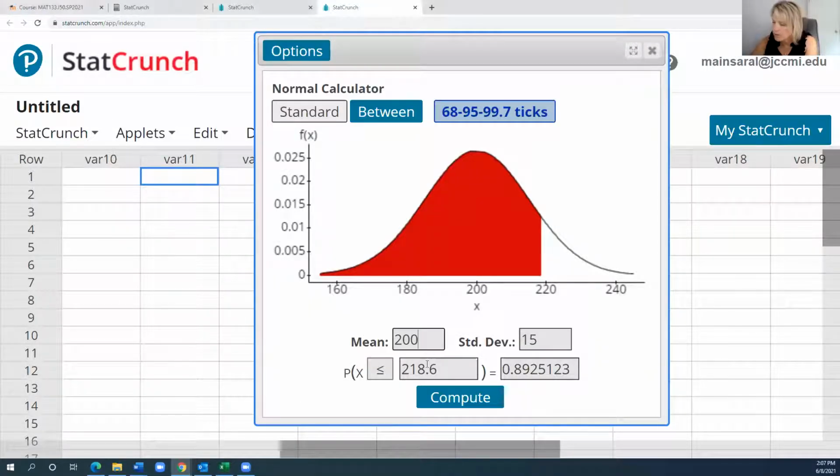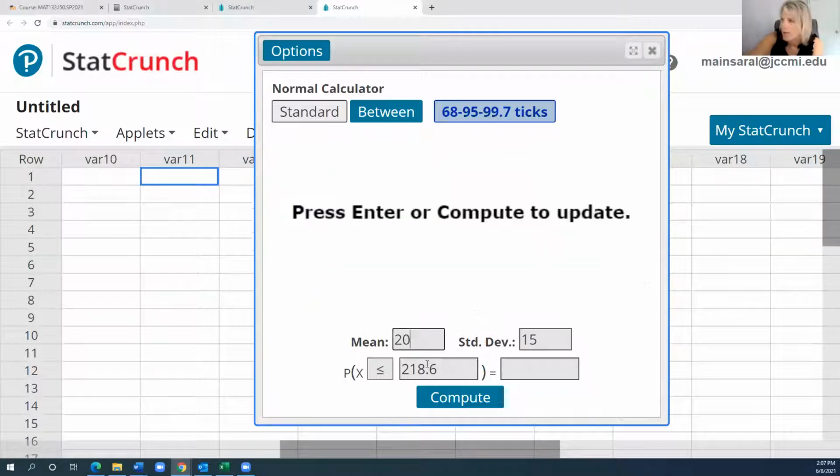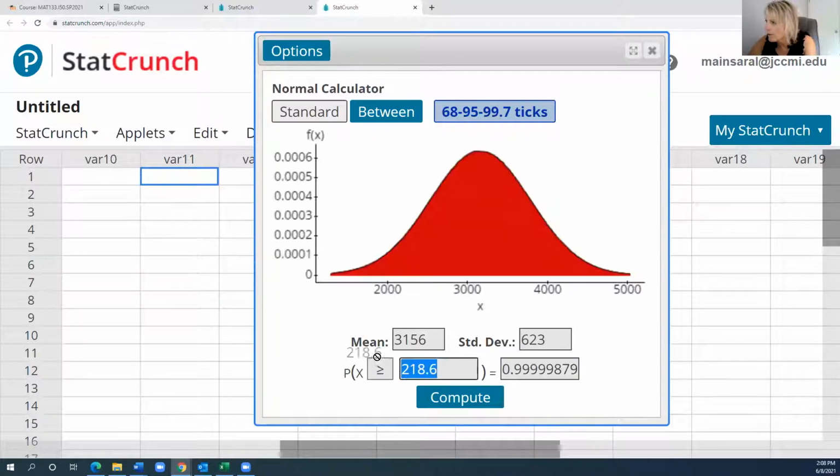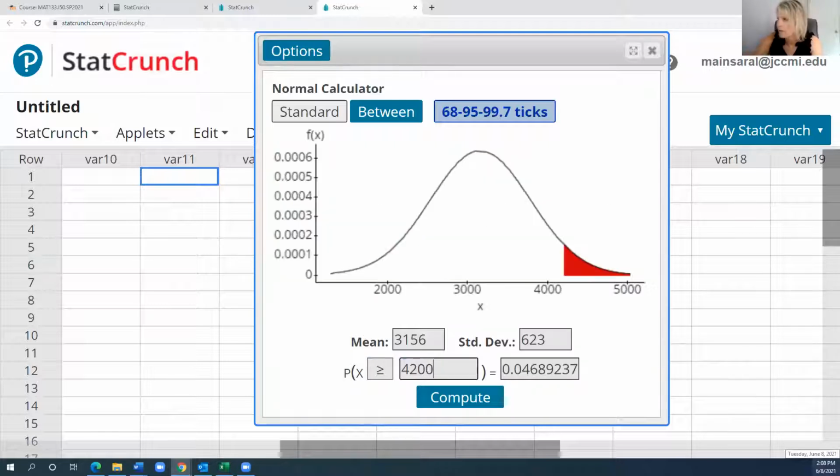So this new problem, it says the average credit card balance is 3,156 with a standard deviation of 623. And we want to find it greater than 4,200. And that comes out to be right here, 0.0469.